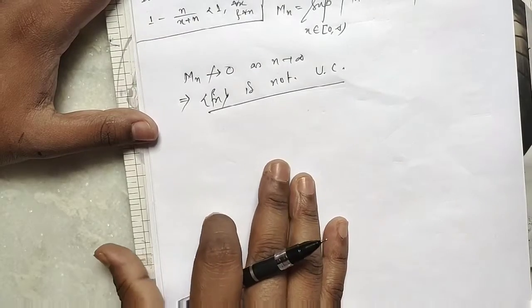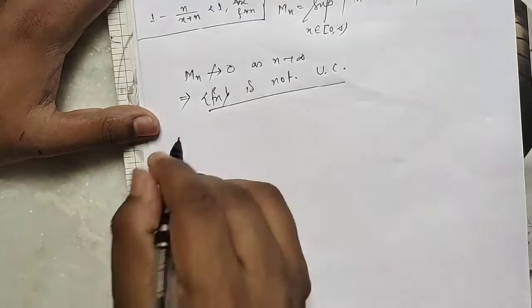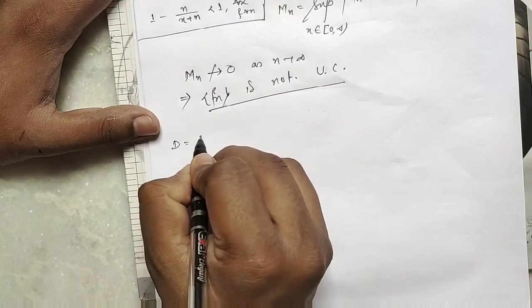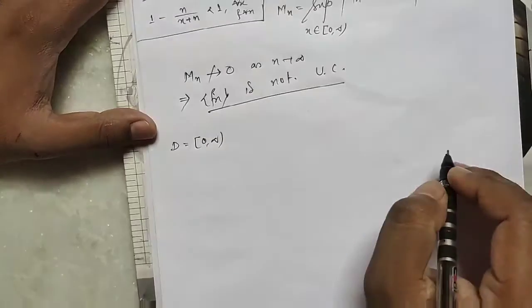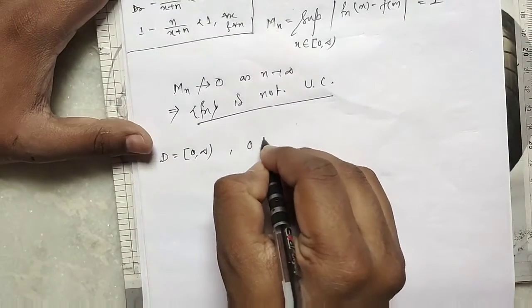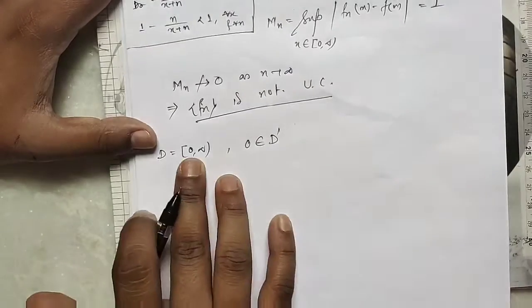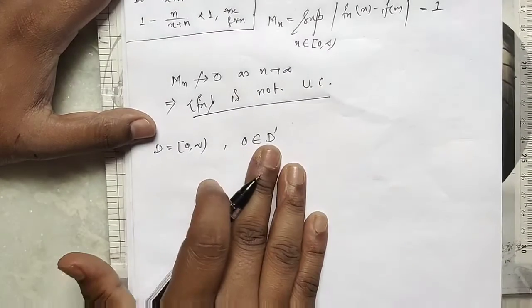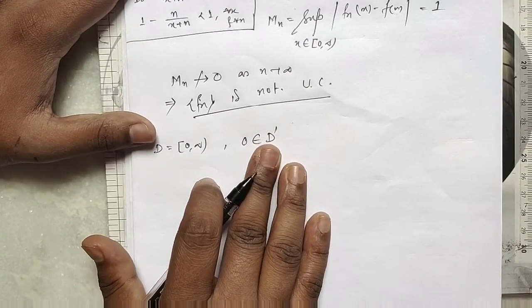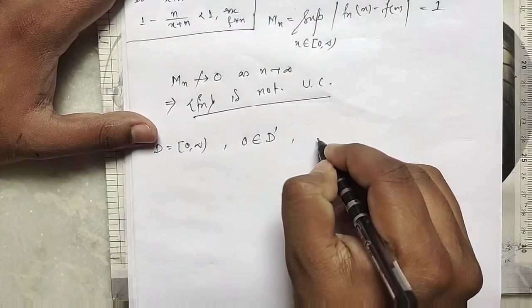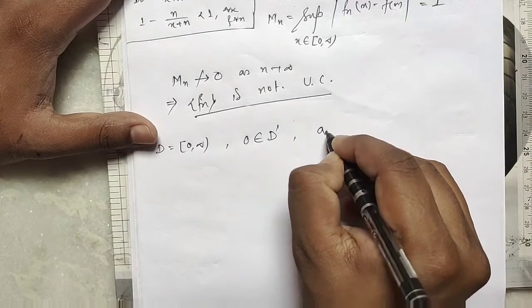Now we take x0 belongs to D dash. So what is our D? Our D is 0 to infinity, and we take 0 belongs to D dash because 0 is a limit point of D. Now what is our an?